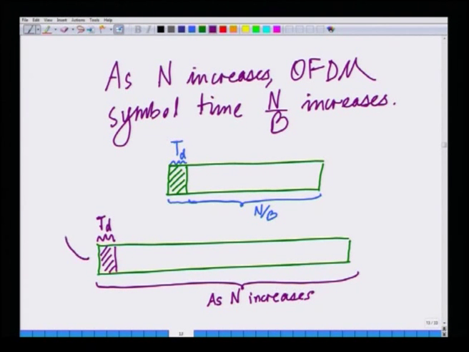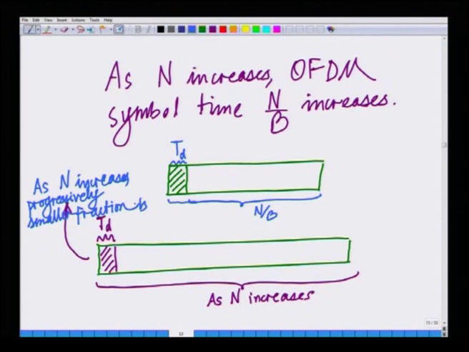Hence, as N increases, a progressively smaller fraction is affected by ISI.